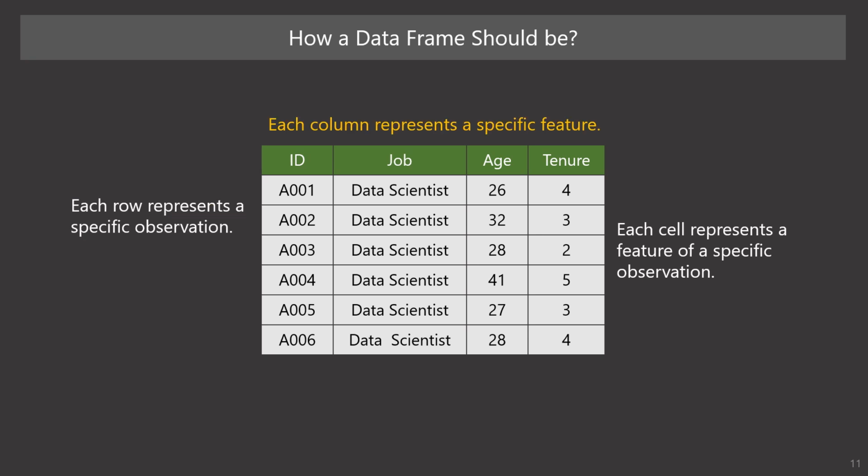And in a data frame, each column should represent a feature, a variable. A column should not contain multiple variables. And each cell should represent each observation's features. Multiple observations and multiple features should not be included in a cell.